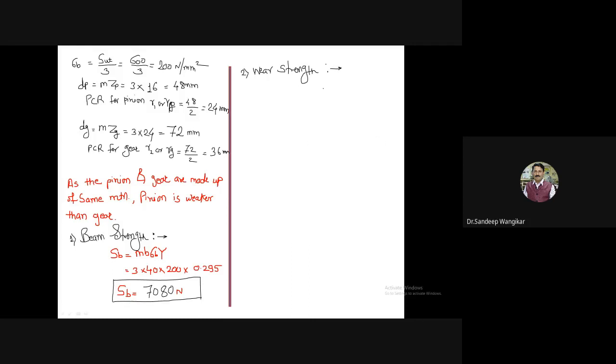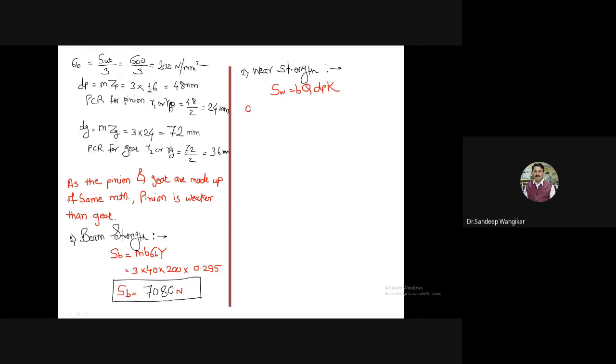So now we will write down the formula. Writing formula, yes, W is equal to B Q dp K. One by one, face width is given.